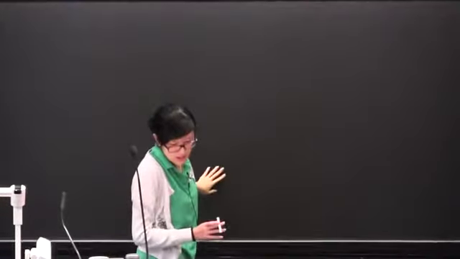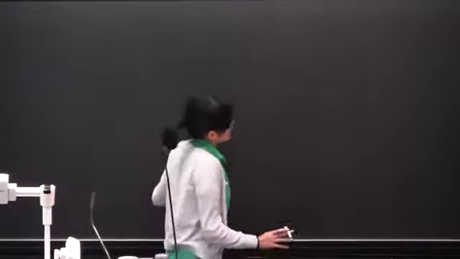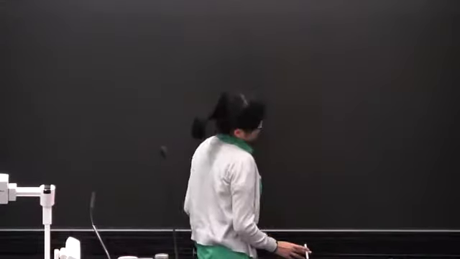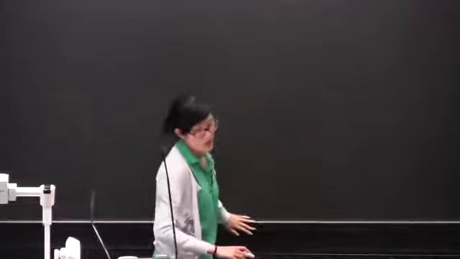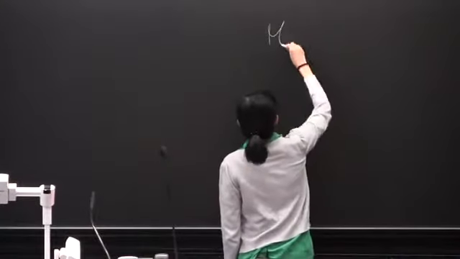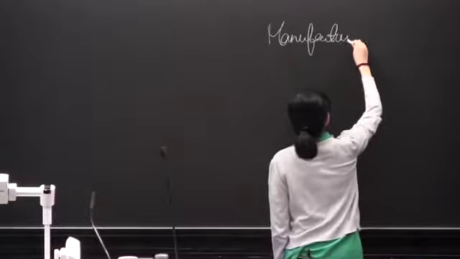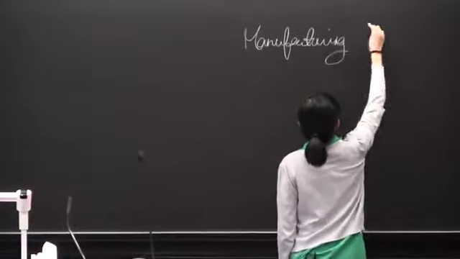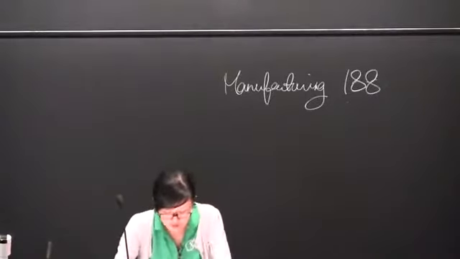Okay, the second one, calculate the total cost, manufacturing and non-manufacturing, per unit for the period. We got the manufacturing part already. All we need is the non-manufacturing, and it's basically given to us already. Manufacturing is 188, and then they told you the non-manufacturing part.